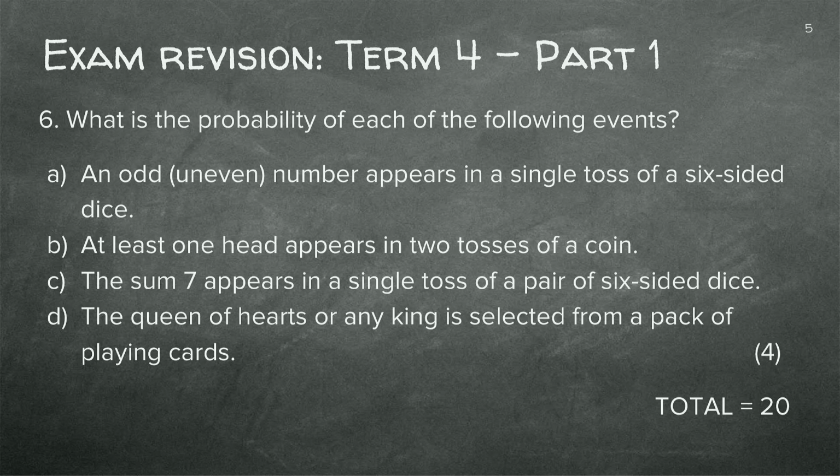And the sum 7 appears in a single toss of a pair of 6-sided dice. So in other words, we've got 2 6-sided dice, and they ask us the probability that the sum 7 will appear. And these two are really a little bit high level, and I hope this is to help you to understand whether you understand probability.